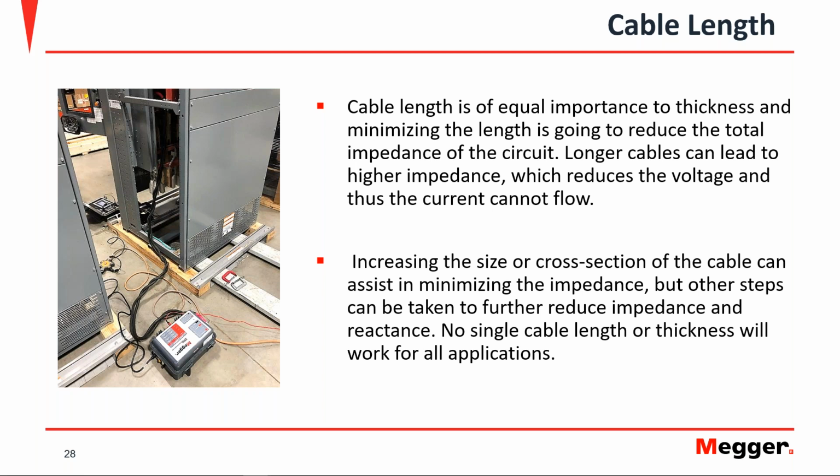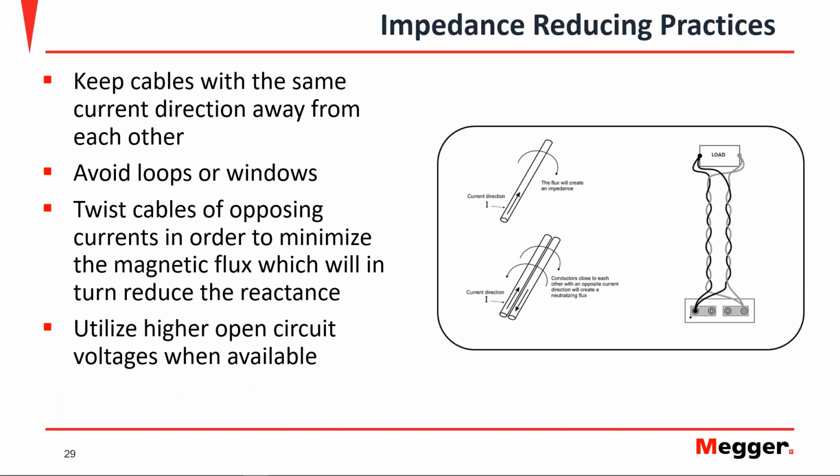The impact that it has is, of course, impedance, which is my next slide. We want to minimize that impedance so we can actually achieve our current, especially when we talk about those larger currents, in our case 1200 amps.